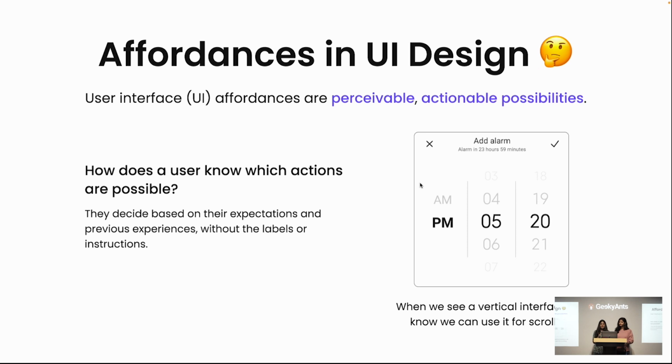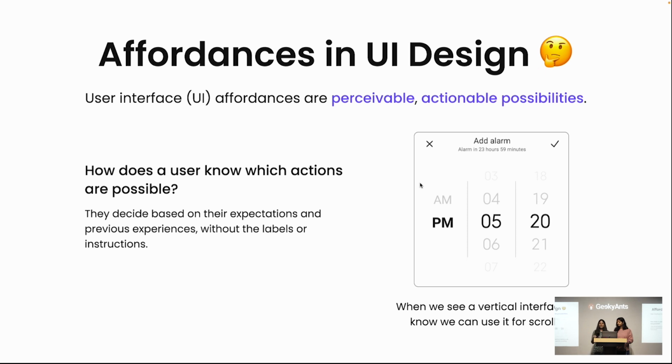If we talk about UI design, affordances in UI design are perceivable and actionable possibilities. In this example, we have an alarm interface, and these vertical lines show that it is a vertical interface and we can use it for scrolling. If we want to put an alarm for 7:30, I will scroll down to 7 and then 30.